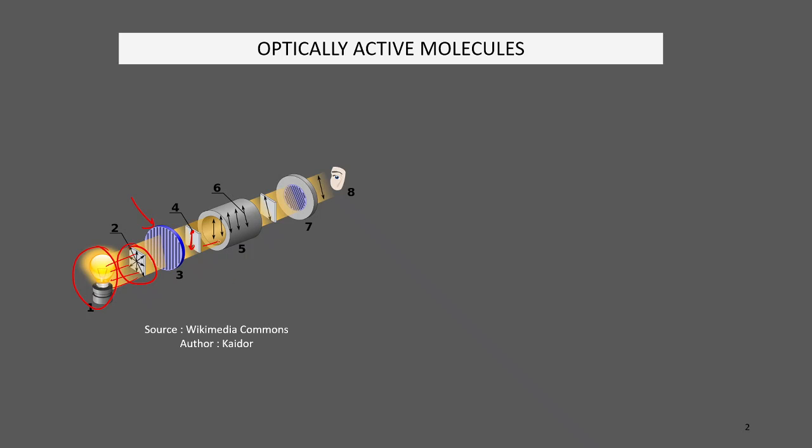And then this light goes into this sample of optically active molecules. And if these molecules are optically active, they will turn the plane of polarized light. So you see, it went like this and it comes out rotated here. And then the observer can notice that there has been a certain amount of rotation in the plane of polarized light. So these are optically active molecules.